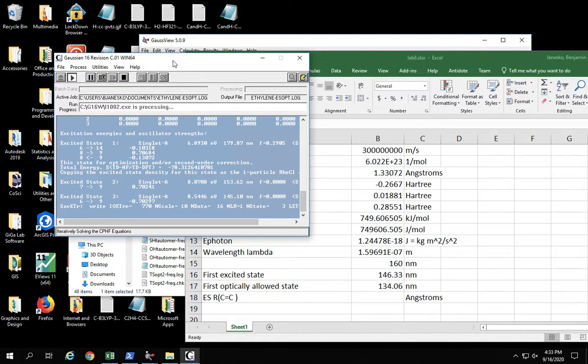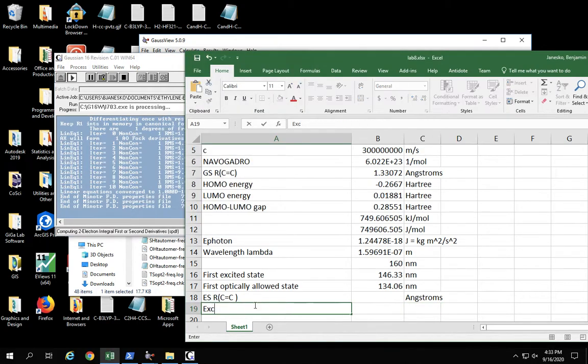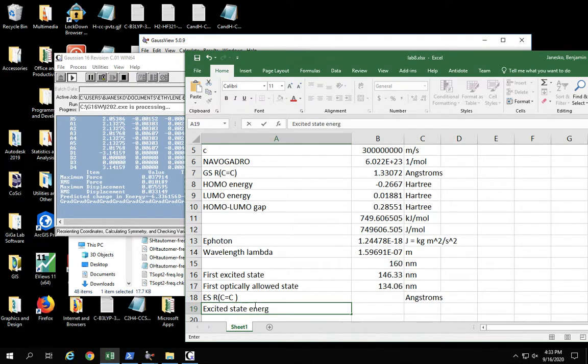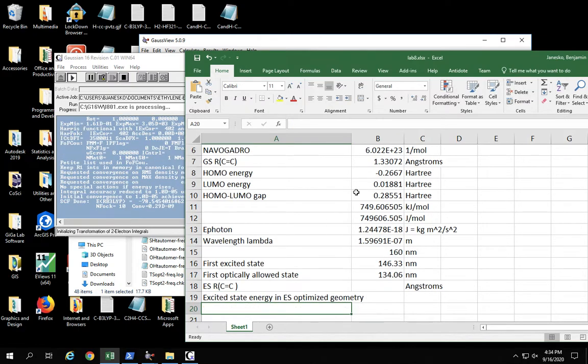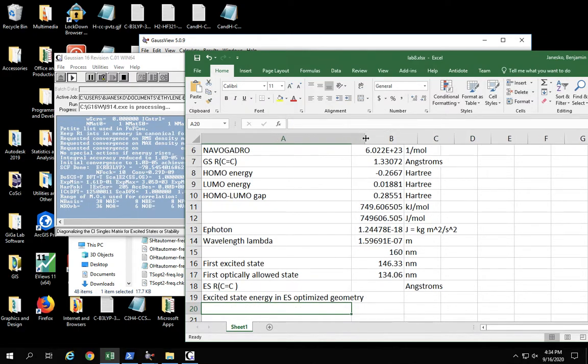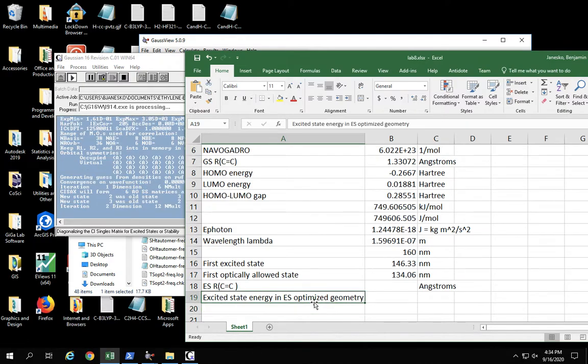And things are running. And we're also going to get the energy difference between the excited state and the ground state when we're in the excited state optimized geometry.